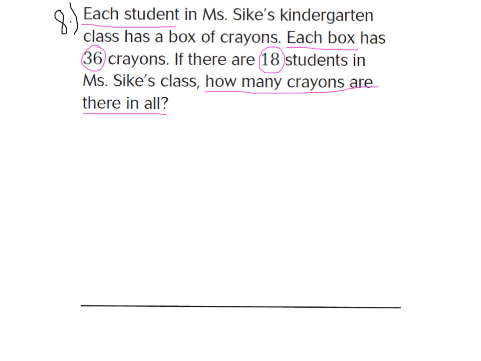Well, I know that this is a multiplication problem because I need to find out how many crayons there are. If there are 18 students in her class, and each student has a box of 36 crayons, I'm going to multiply 18 times 36.